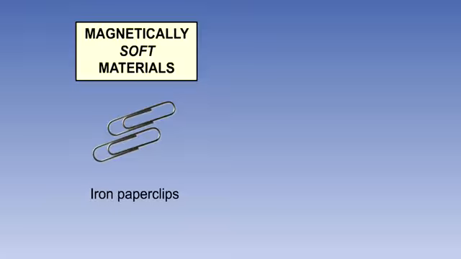The term magnetically soft describes a material in which the micromagnets can be realigned easily. Iron is a typical example of a magnetically soft metal. It can be easily magnetized, but it rapidly loses its magnetic properties. Magnetically soft iron is said to have a low magnetic retentivity.